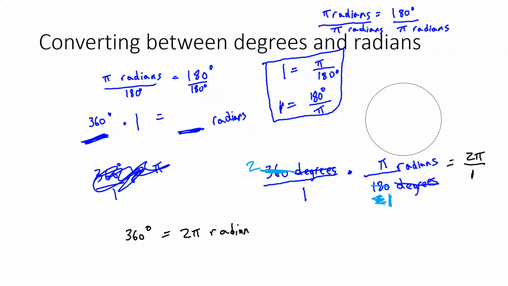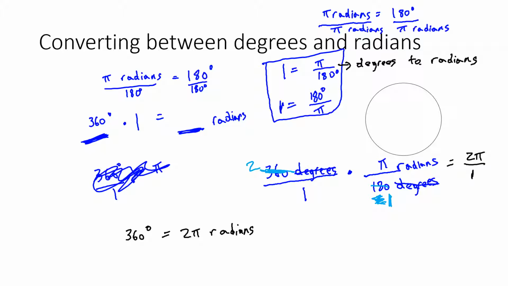So to make a long story short, if we want to go from degrees to radians, we're going to multiply by this conversion factor.